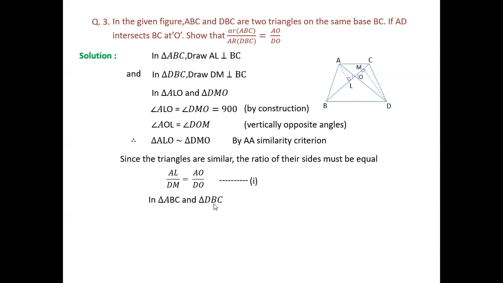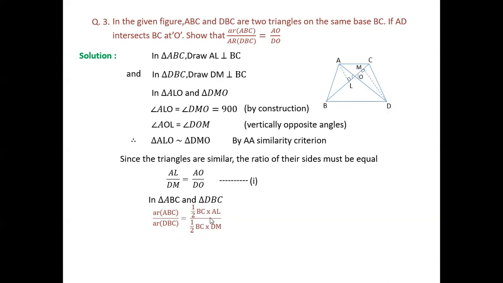taking the whole triangles ABC and DBC, this full triangle and this full triangle. Area of this triangle is half base into height, half BC into AL. And area of this triangle is half BC into DM.